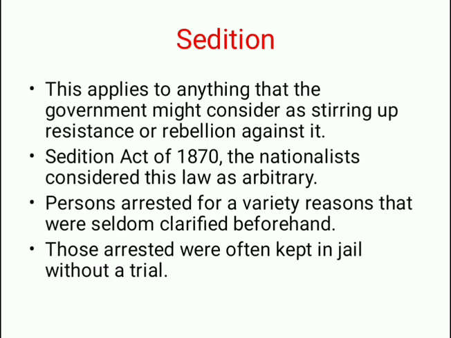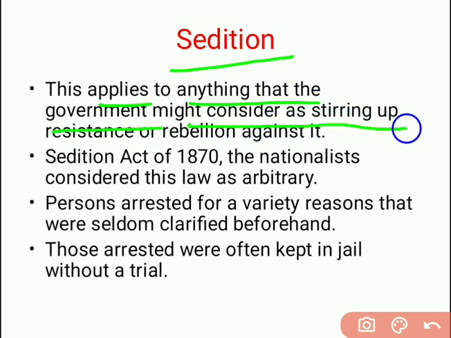Sedition is a word that applies to anything that the government might consider as stirring up resistance or rebellion against it. So sedition means rajdroha: any action of the people of the country which is stirring up resistance or rebellion against the government.